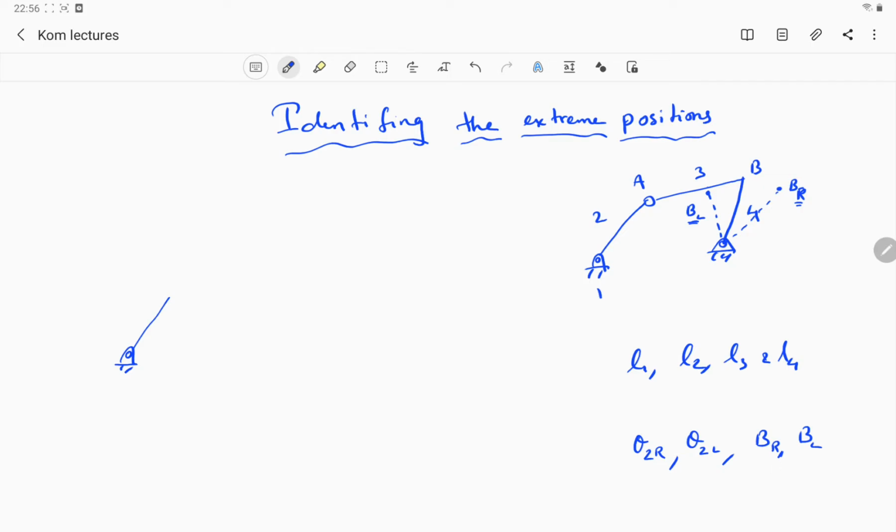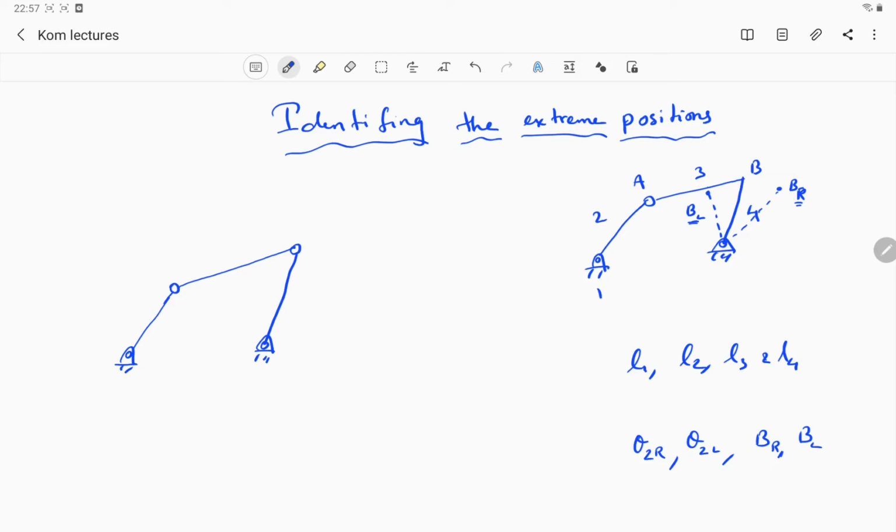So for some arbitrarily chosen theta, I can construct my 4-bar link mechanism.